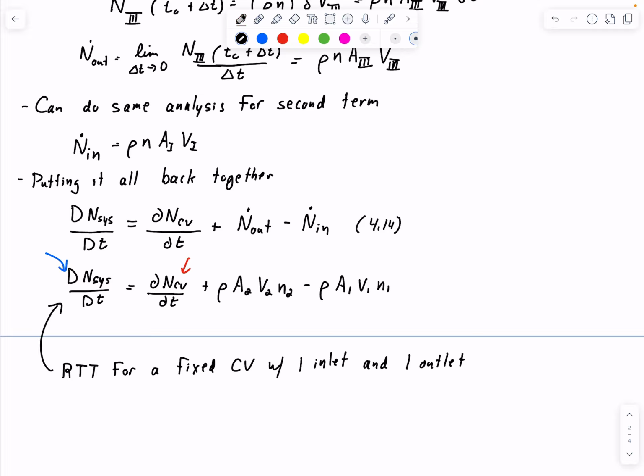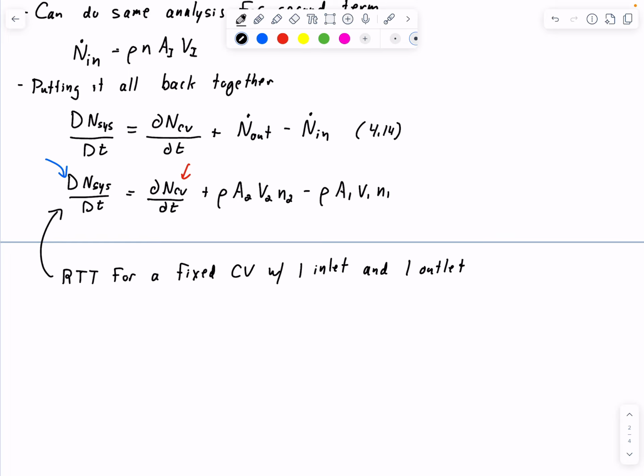So this is a very generalized statement of Reynolds Transport Theorem, but we're going to try to generalize this a little bit more to make it applicable to more situations. For instance, the control volume might be moving, or we might have more than one inlet and more than one outlet. And so that's our next step, is to generalize.